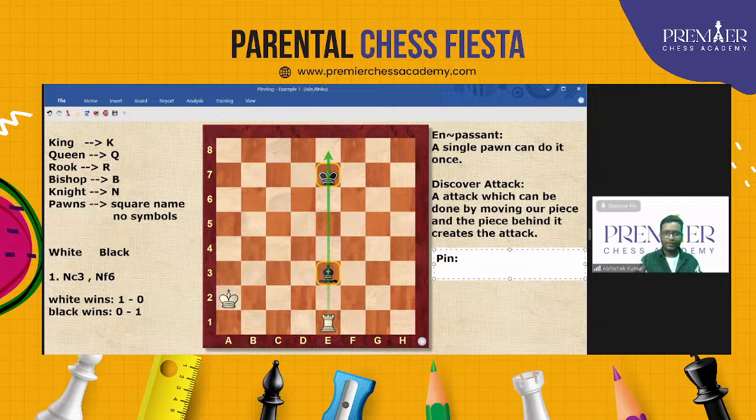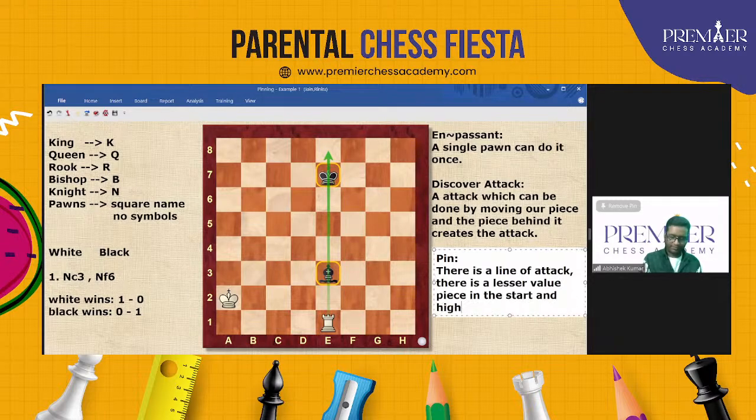There is a line of attack, and in this line of attack there is a lesser value piece in the start and a higher value piece at the end.